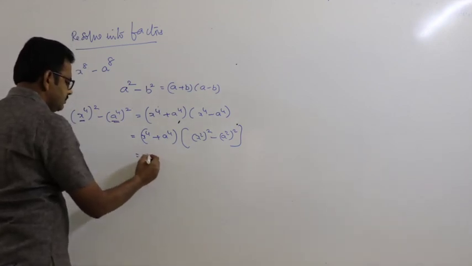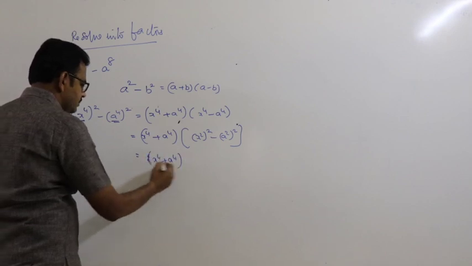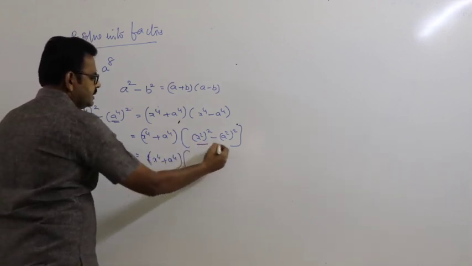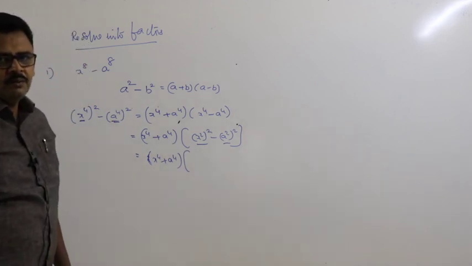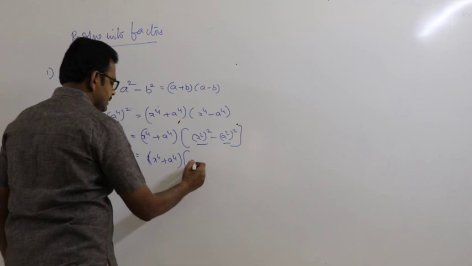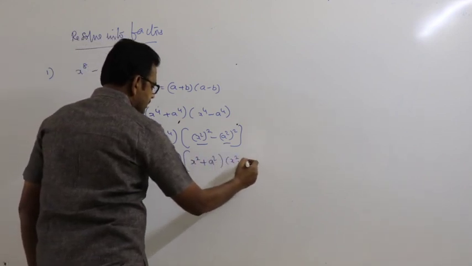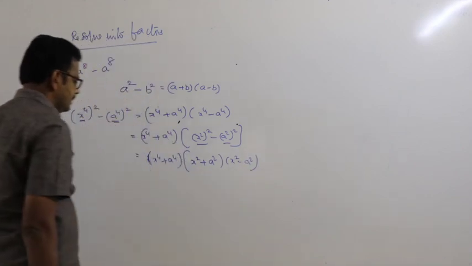This is the same x power 4 plus a power 4 into, again this is a square minus b square form. That is a plus b into a minus b. So this is x square plus a square into x square minus a square.